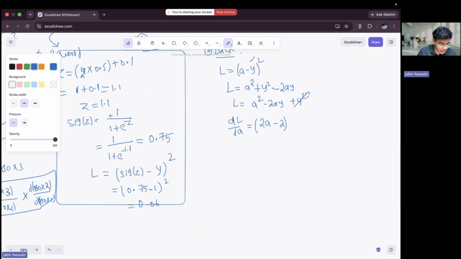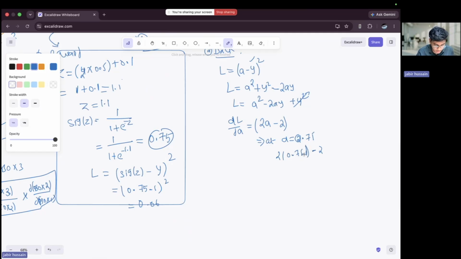So this is our output. And what is our sigmoid? 0.75. Apply it. At A equal to 0.75, you will get 2 into 0.75 minus 2. It will give you what? Minus 2, yeah, minus 1.